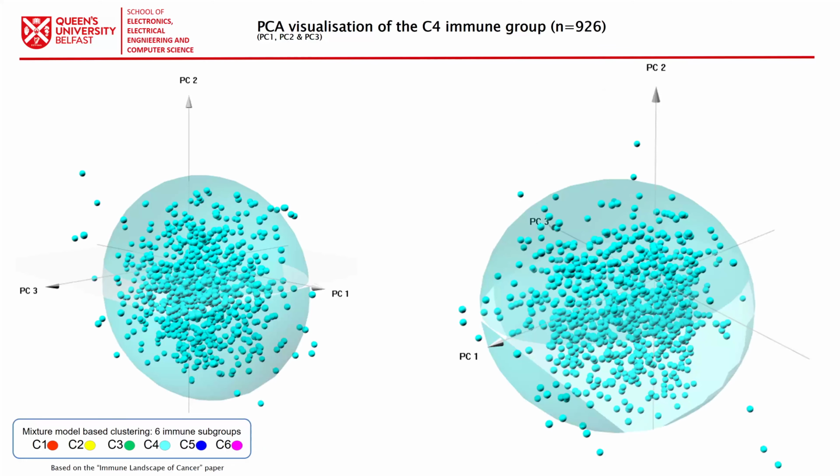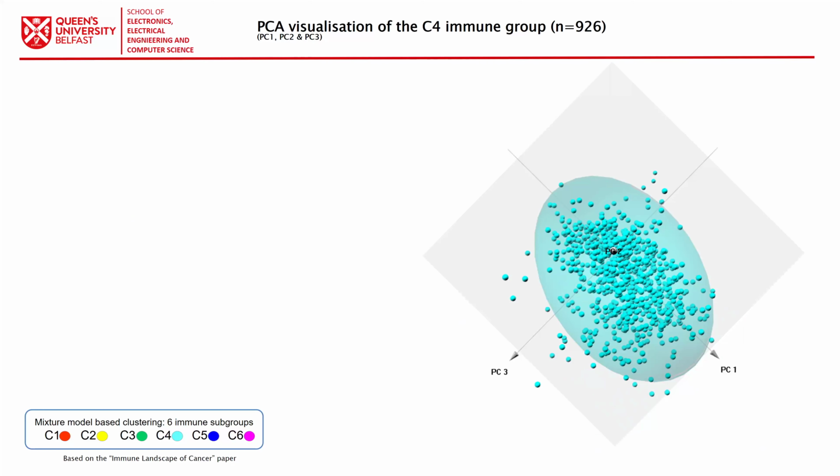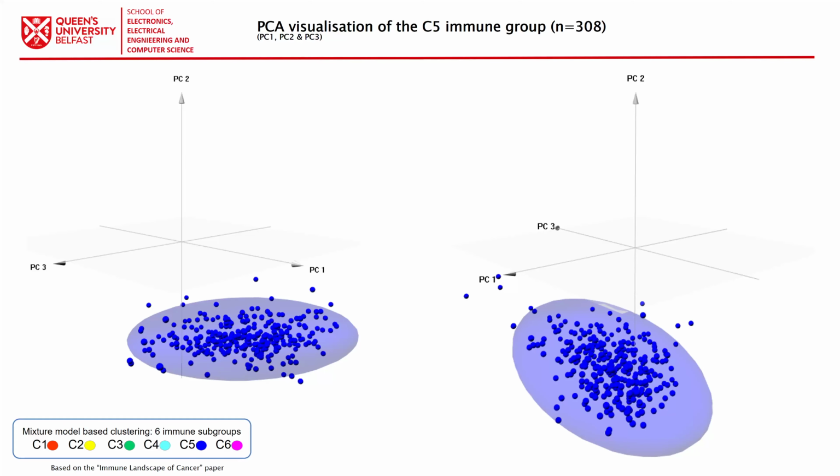So again, from up, this is from samples belonging to C4 immune subgroup and C5. As you can see, you may say that C5 samples belonging to this immune subgroup maybe have something different from other samples, because in terms of the visualization of principal component, they are far from the center.